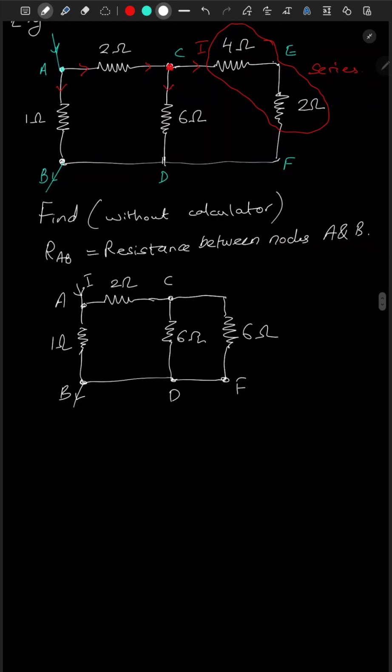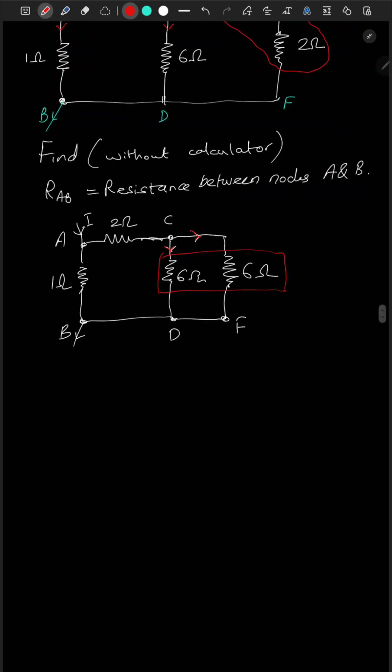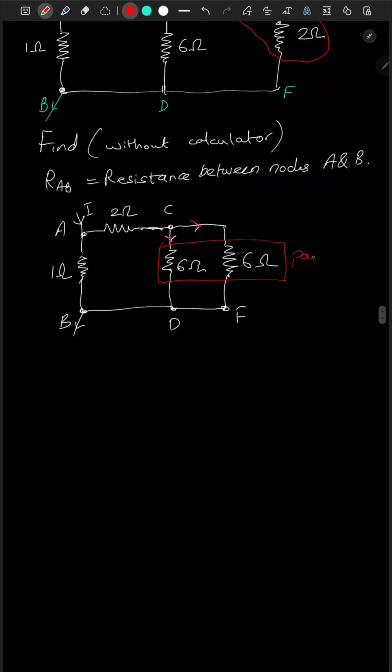Now if there are different currents in each of these branches, meaning that these two are in parallel to each other. So these are in parallel.